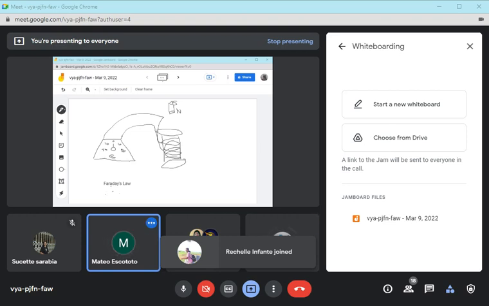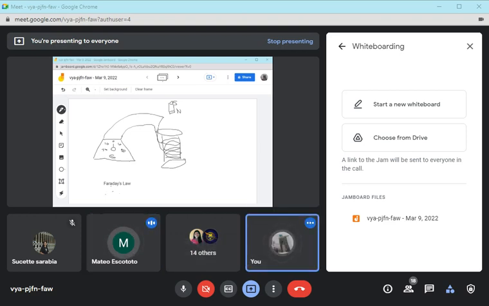There will be deflection of the needle. So meaning the needle will move. Okay? Once I move the magnet inside the coil of wire, then the reaction of the galvanometer is there will be deflection of the needle.